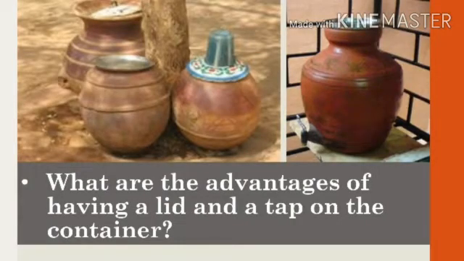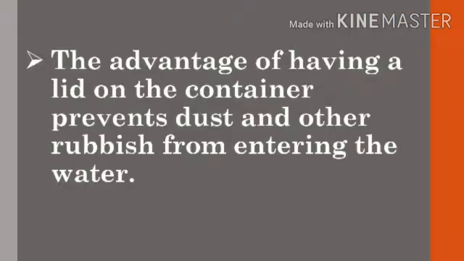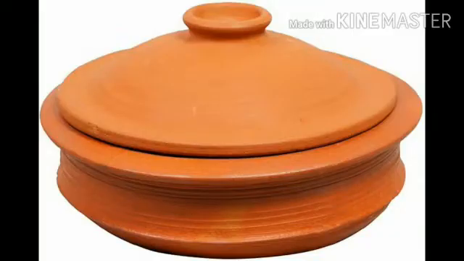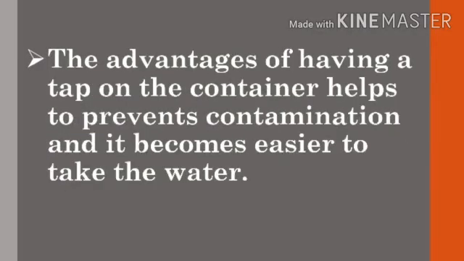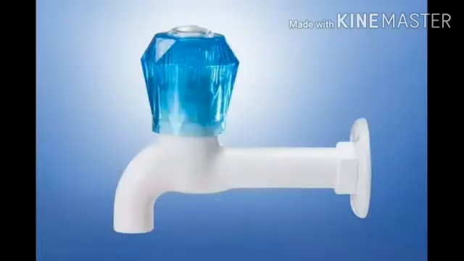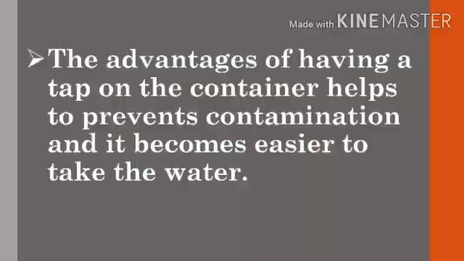What are the advantages of having a lid and a tap on the container? The advantage of having a lid on the container is that it prevents dust and other rubbish from entering the water. The advantage of having a tap on the container is that it helps to prevent contamination and it becomes easier to take the water.